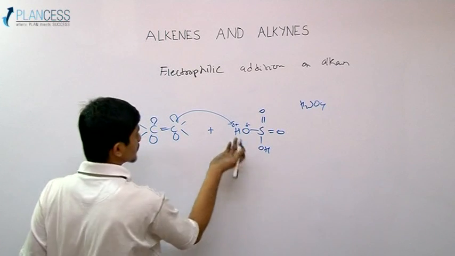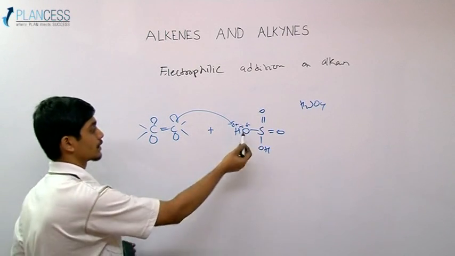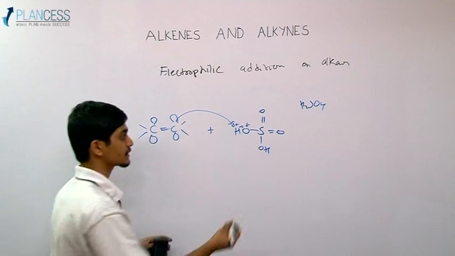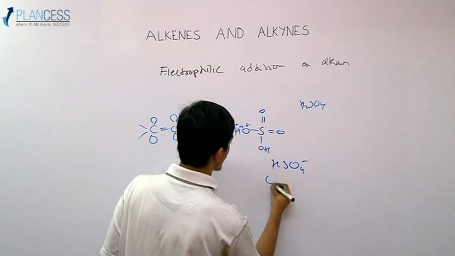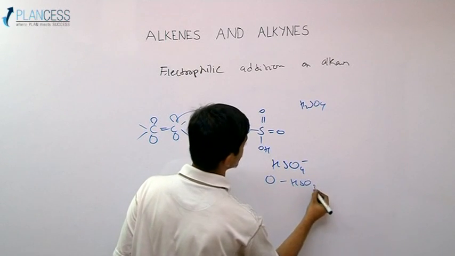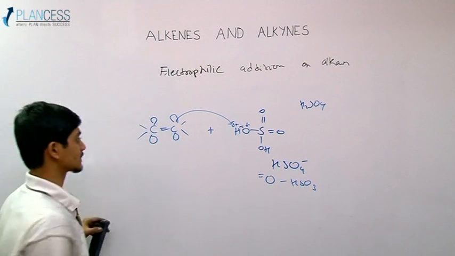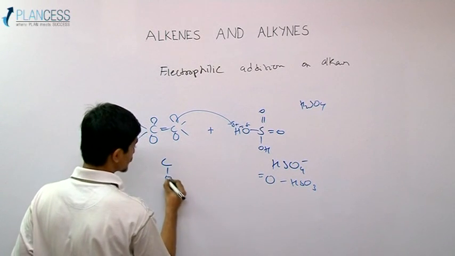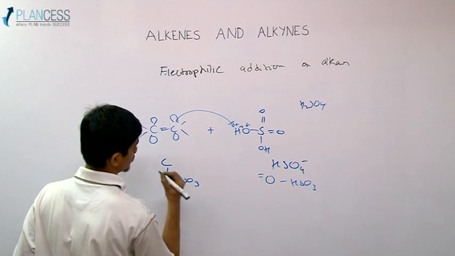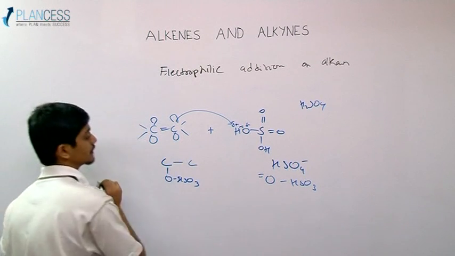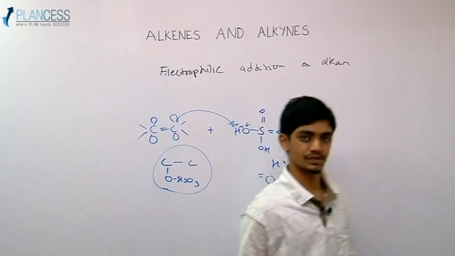So we get a hydrogen, we get the electrophile, and the role of X minus is now played by HSO4 minus, or OSO3H minus, because this O will go and attack that carbocation, and we will get a structure like HSO3-C-C. This is called hydrogen sulfates for obvious reasons.